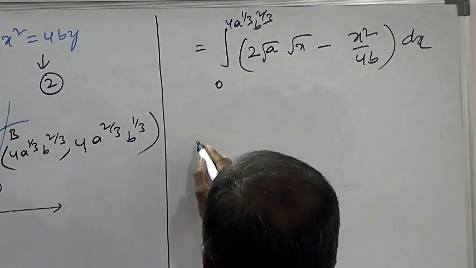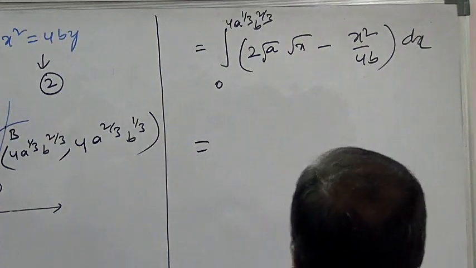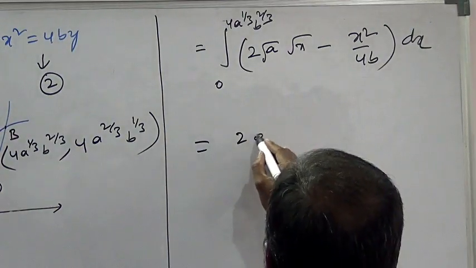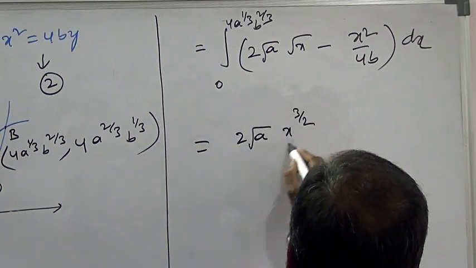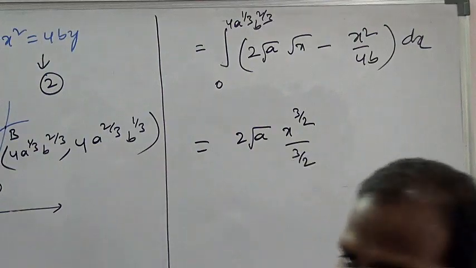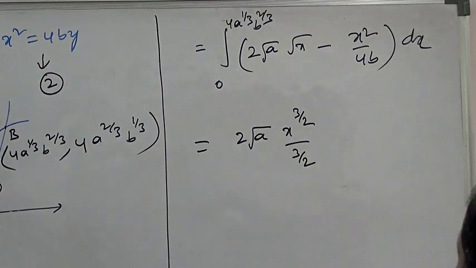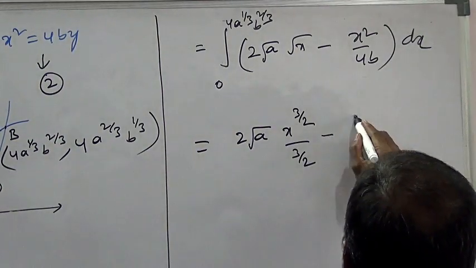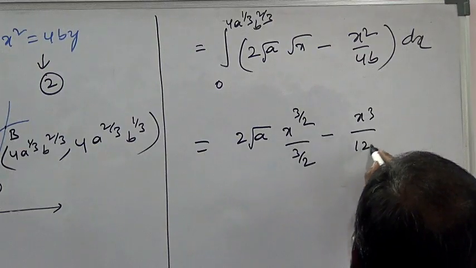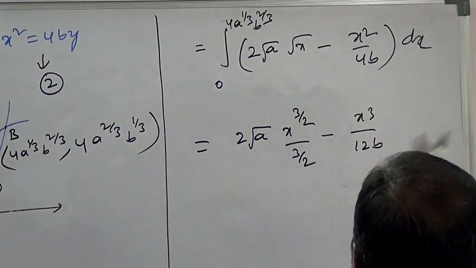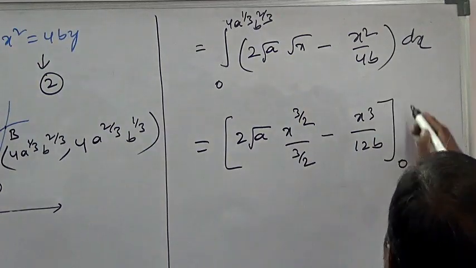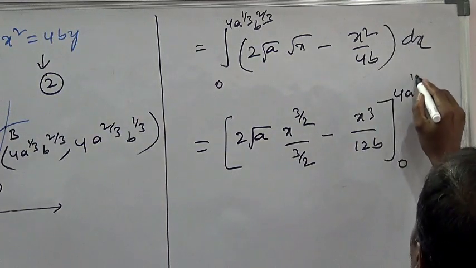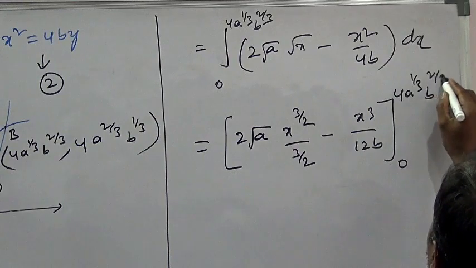Okay? Now we apply the integration. So this is 2 root a into x power 3 by 2 by 3 by 2, using x power n plus 1 by n plus 1, minus x cube by 3 into 4b, which is 12b, from 0 to 4a^(1/3) b^(2/3).